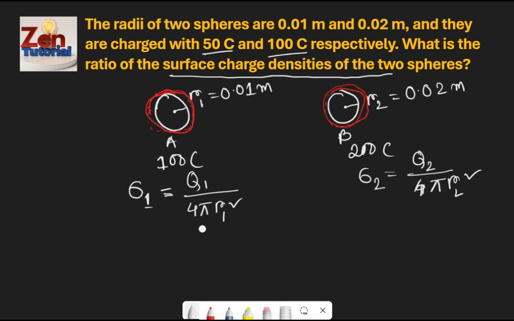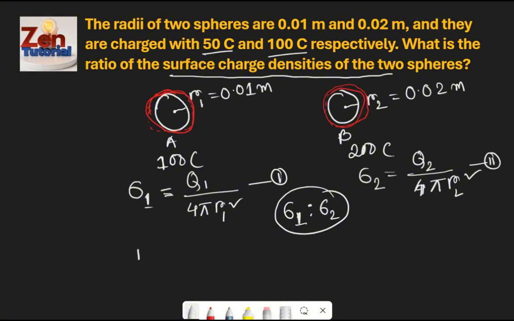So what we have to do, we have to determine sigma 1 is to sigma 2. This ratio we have to determine. So let's say this is equation 1 and let's say this is equation 2.